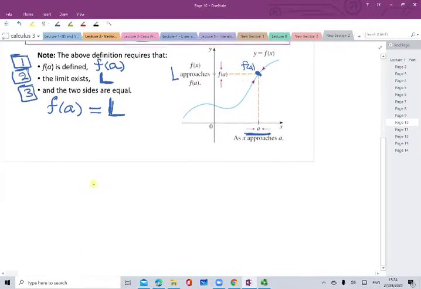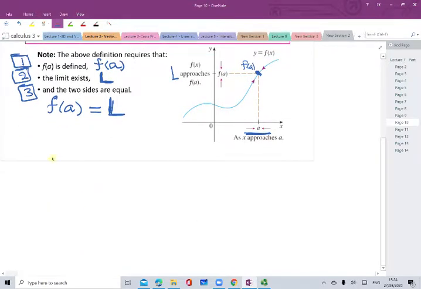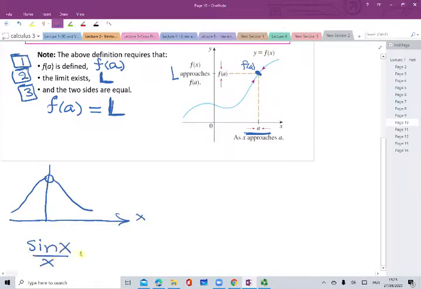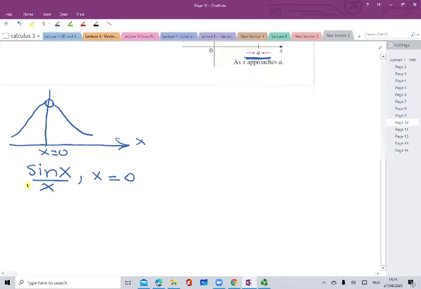The other cases will look like this. Say, for example, one of these conditions is not satisfied. Say I have a function like this, something like this. This is, for example, the function sine x over x. I know that x equal to 0 is not in the domain of this function. So for sine x over x, the limit actually exists, and the limit is equal to 1.